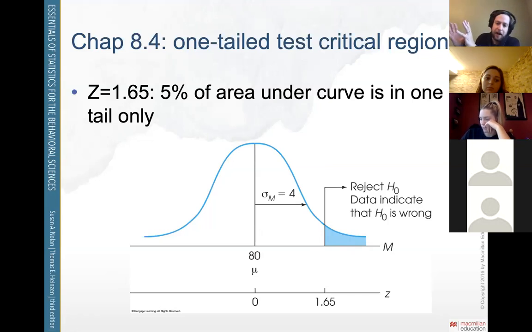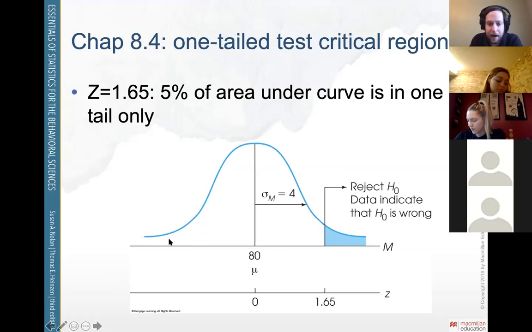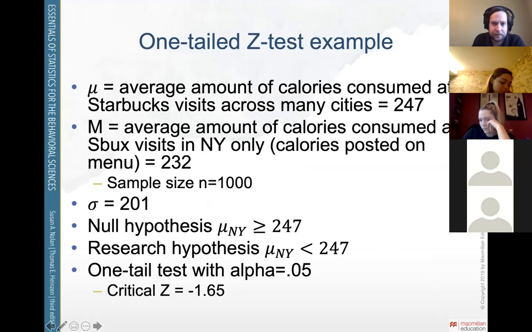All 5% of our alpha goes into one tail. And that's what's shown here. Even if you get a math drug test score that's way over here, you still accept the null hypothesis when you're using a one-tailed test, because you will only reject the null hypothesis when the sample mean falls into this critical region where there's only one tail. All 5% of the critical region is in one tail for a one-tailed test.